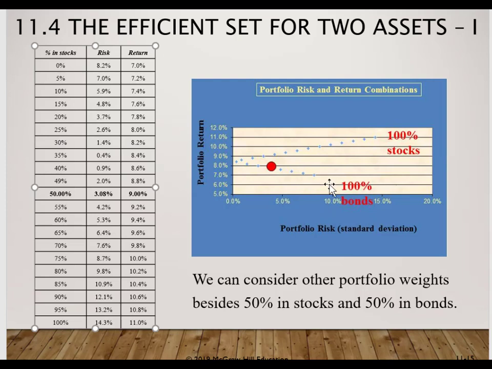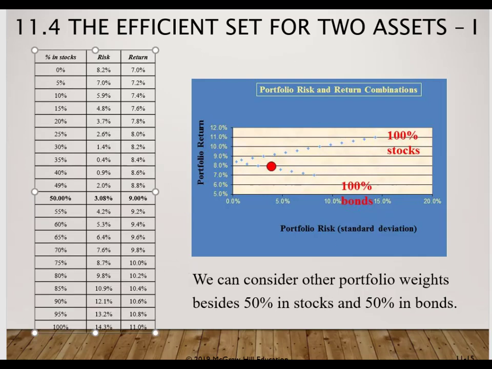Again, if you remember, we had 100% bonds, and you can have 100% stocks, and all these dots in between represent portfolios that combine those two particular assets. So this is what's creating a universal set, if you will, or a portfolio set of potential investments. These are combinations.